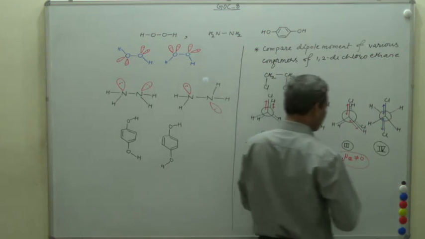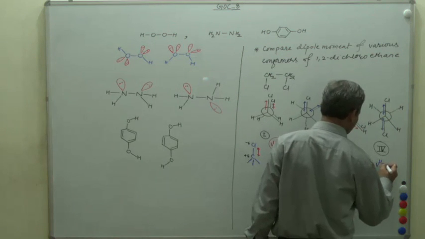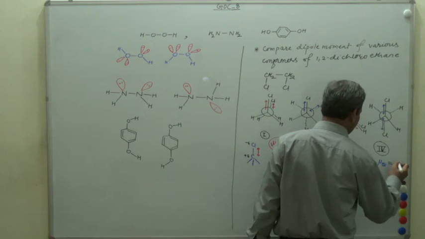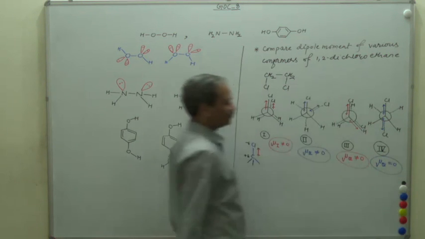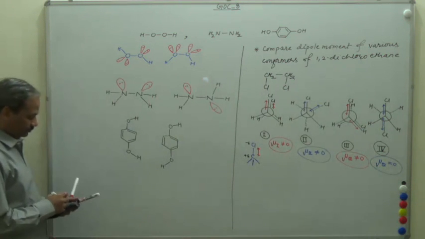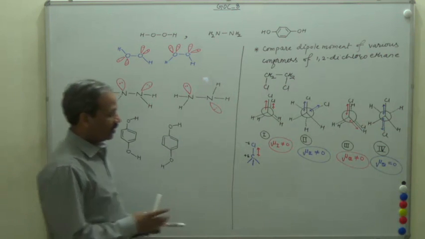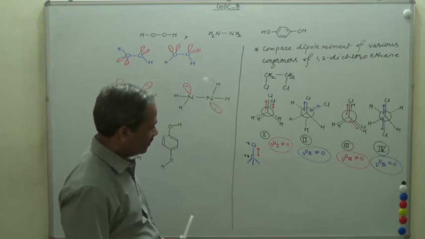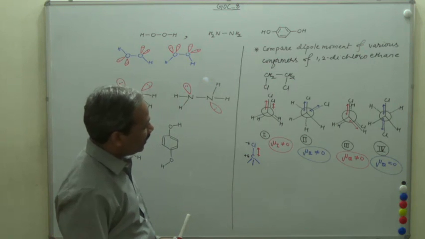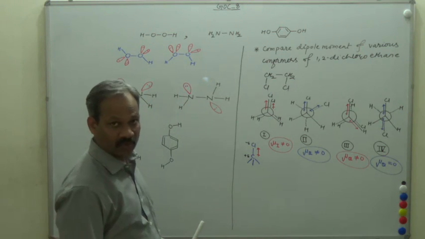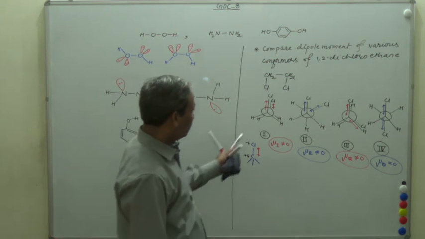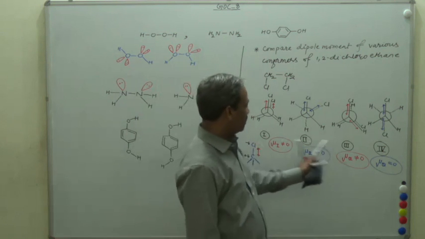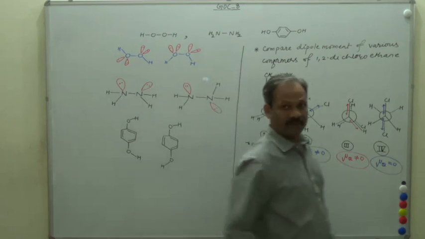So its dipole moment is equal to 0. And now we can arrange them in the order of their dipole moments. The dipole moment of the anti form is 0, and that of fully eclipsed, partially eclipsed and gauche form is not equal to 0.